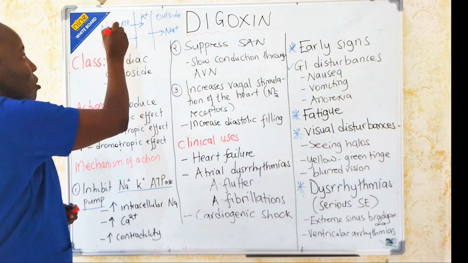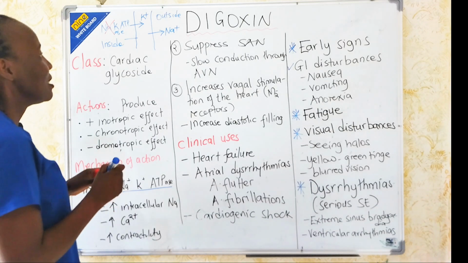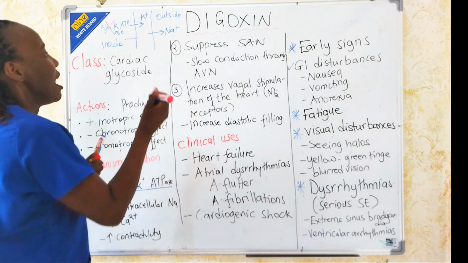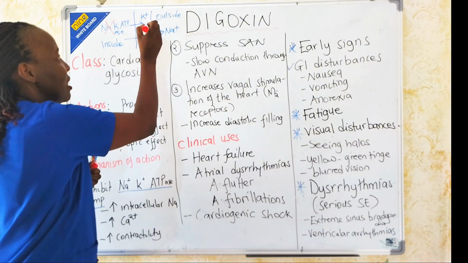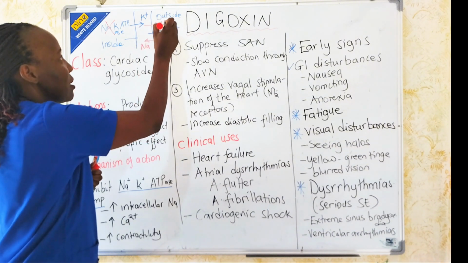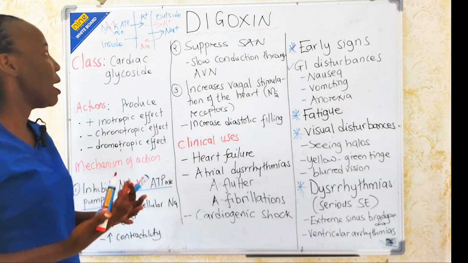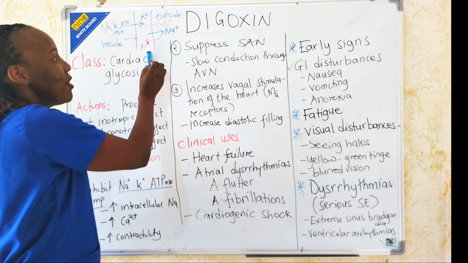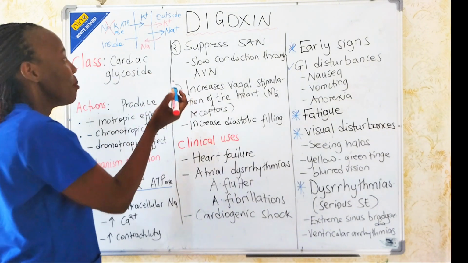Digoxin is going to block that pump, and if it blocks the pump, it means that we are going to have more sodium inside the cell, and then potassium would get out of the cell because it's going to inhibit that exchange pump. And when we have an increased amount of sodium inside the cell, what is going to happen?